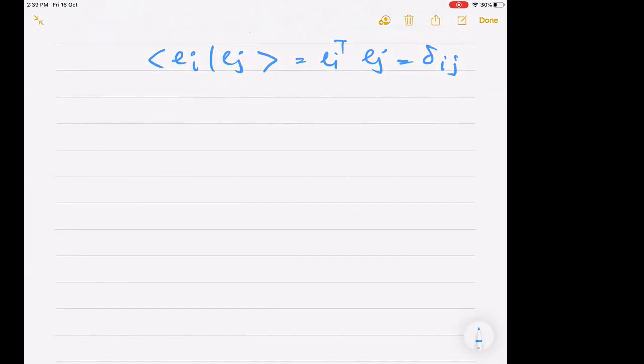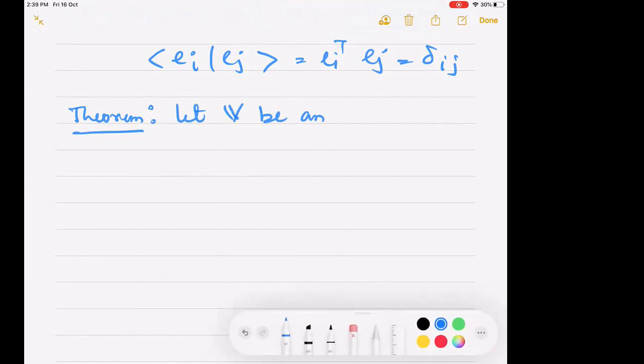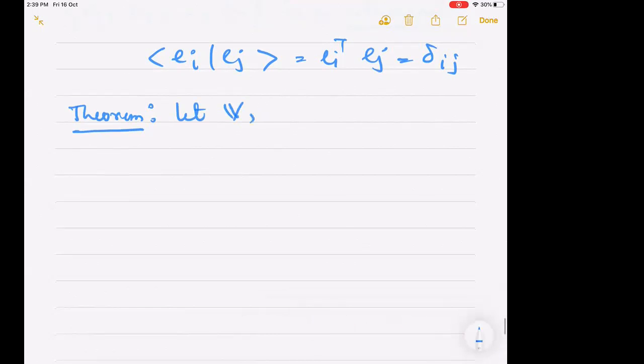Let me write it even more precisely. Let V be an inner product space.